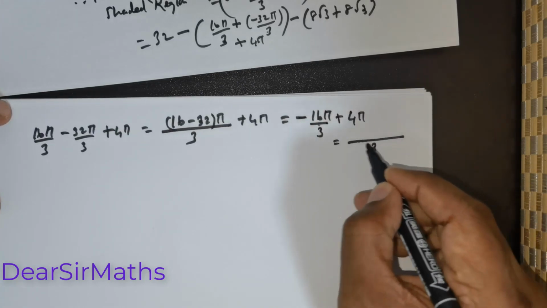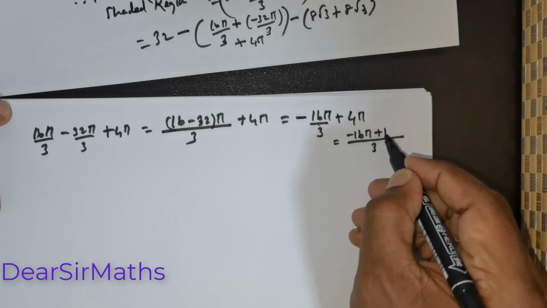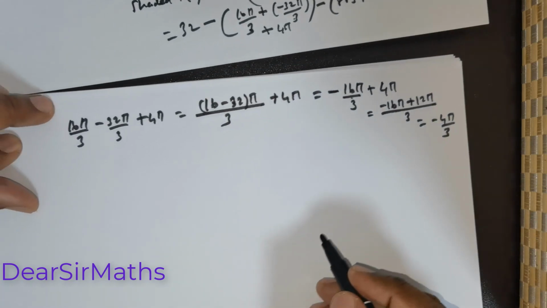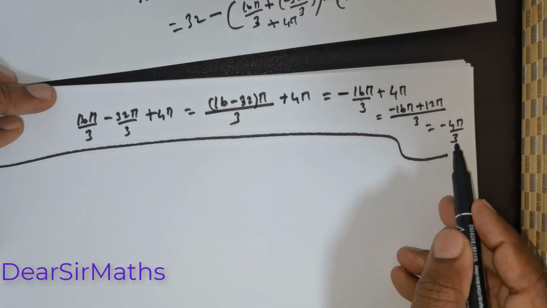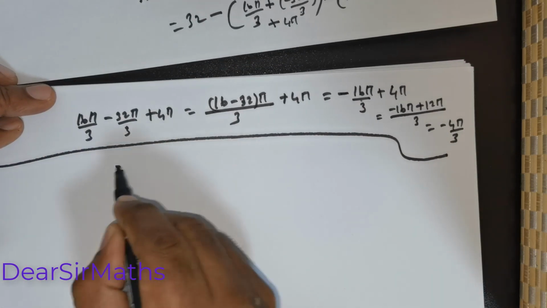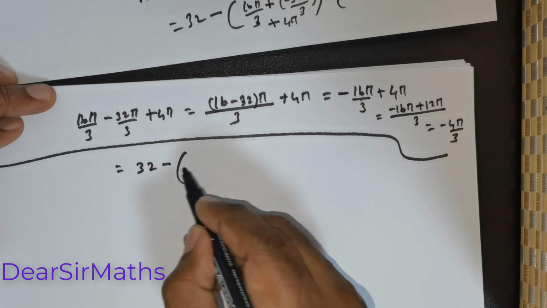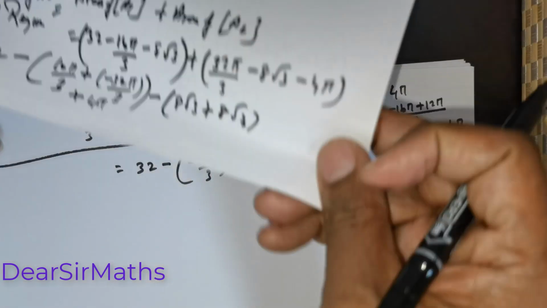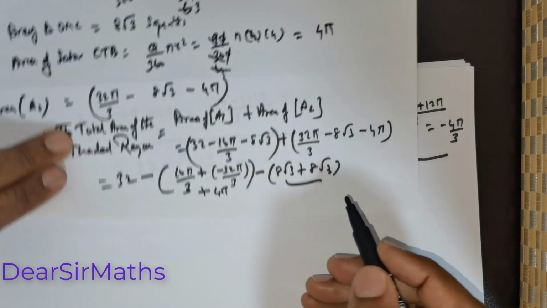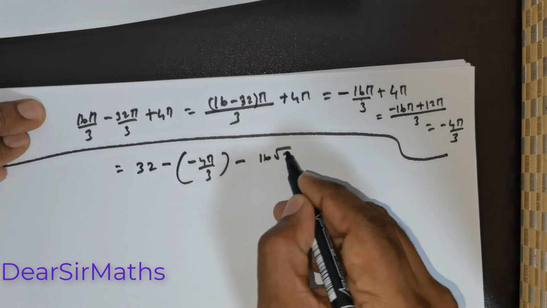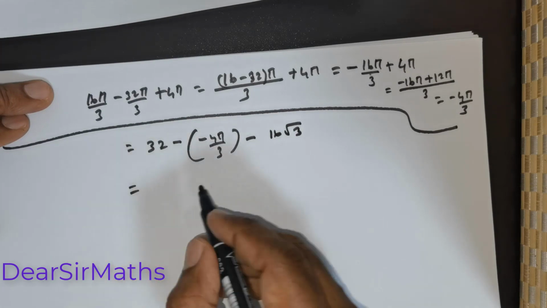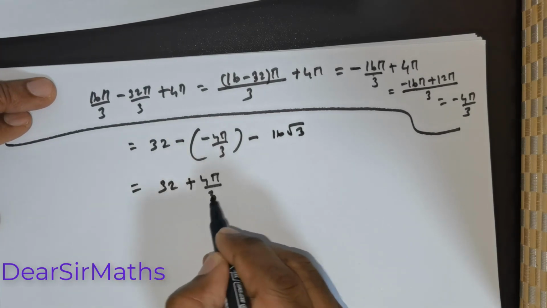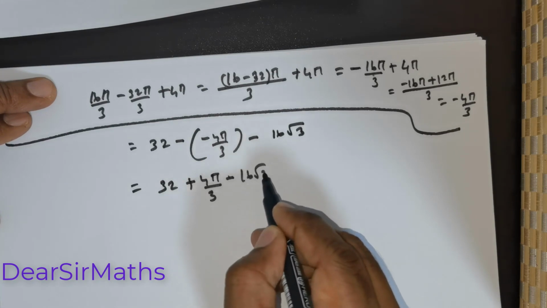Now if I take LCM 3, this is negative 16 pi plus 12 pi, which is going to give me negative 4 pi over 3. Okay, fine, I have got that. So this is going to be 32 minus of negative 4 pi over 3. Now this is going to be 16, so negative 16 root 3. If you simplify all of this, this is going to give me 32 plus 4 pi over 3 minus 16 root 3.